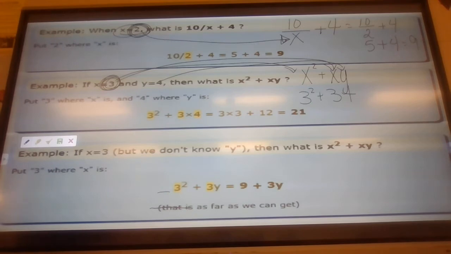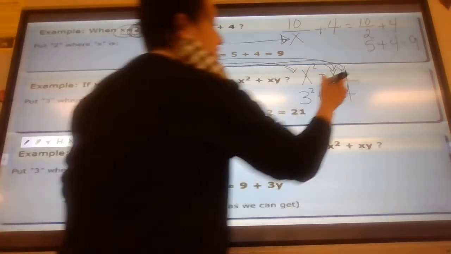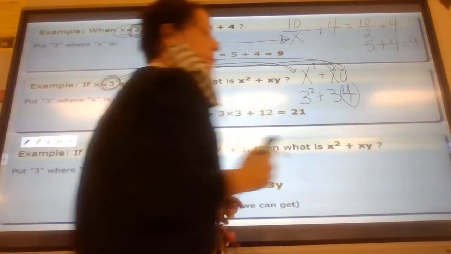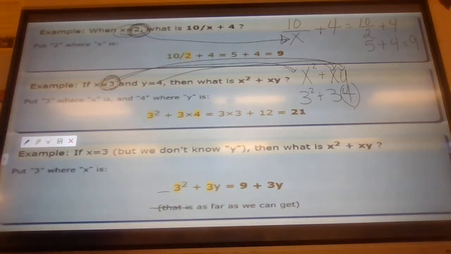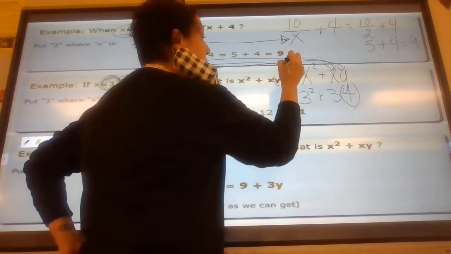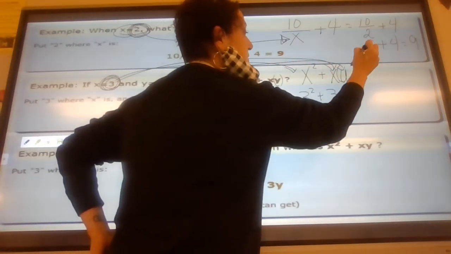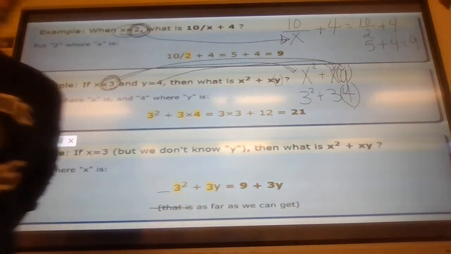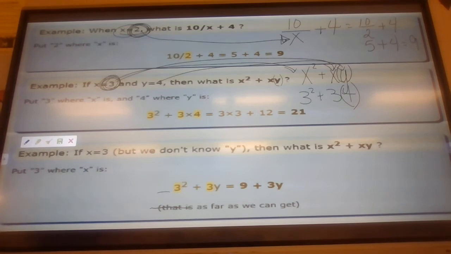What ends up happening a lot of times, people do that, and they don't recognize that that is multiplication. You've got to use parentheses right here. If you need help to remember, put some parentheses to remind you that that's multiplication.